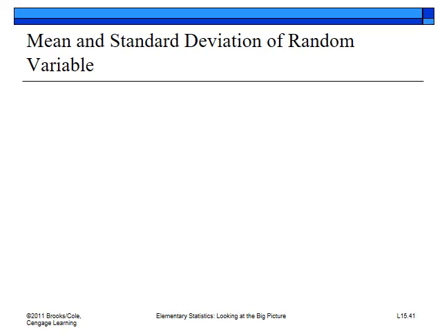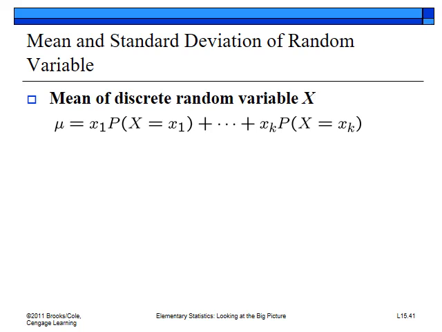Now let's talk about how we actually find the mean and the standard deviation of random variables. The mean, which we denote with a mu, is the sum of each possible value for x times the probability associated with that value. So we take the first value that x could be, that's x1, and multiply by the probability that x is equal to that value.